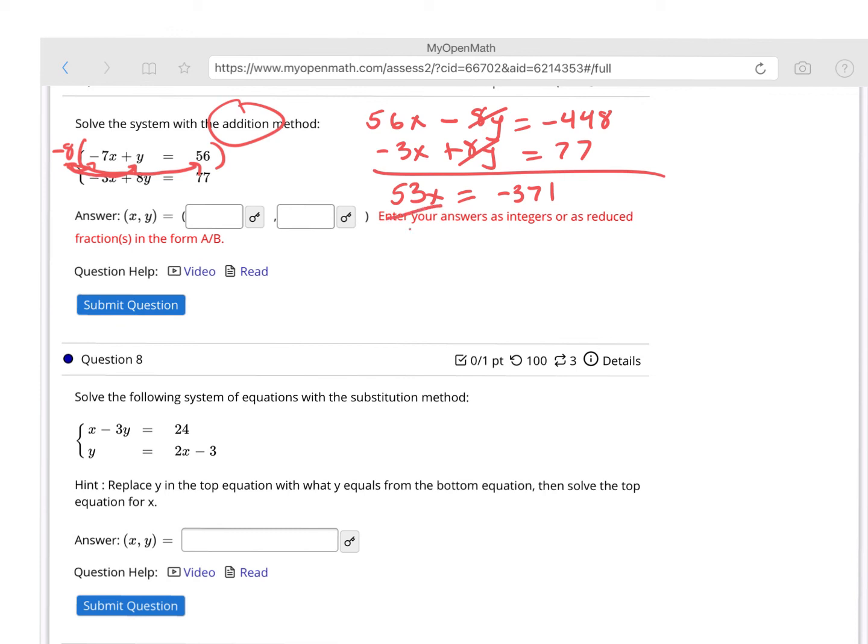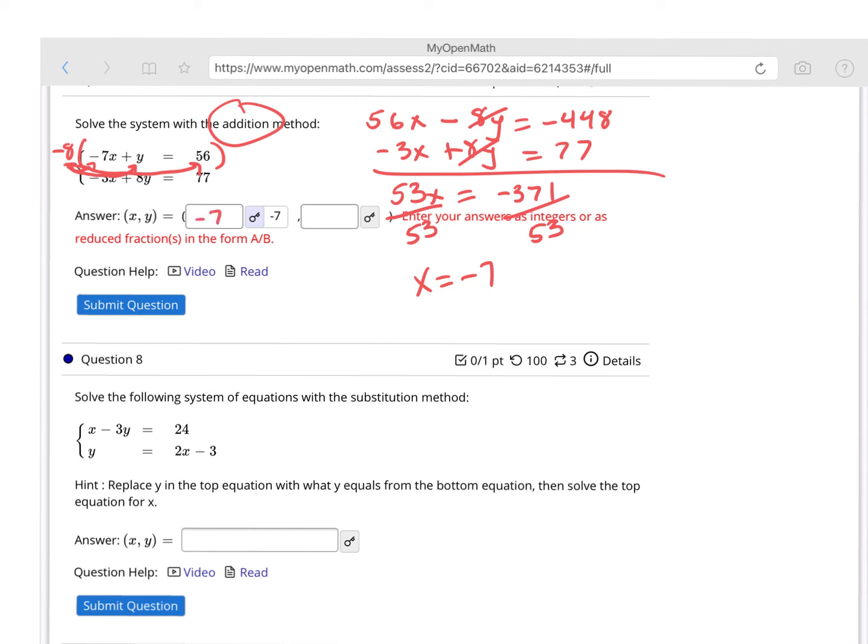Then when you divide that by 53 and divide that by 53, you get that x is equal to -7. And if we want, we can check that answer by just putting in -7, and that's what it's going to be. So we have -7 here.